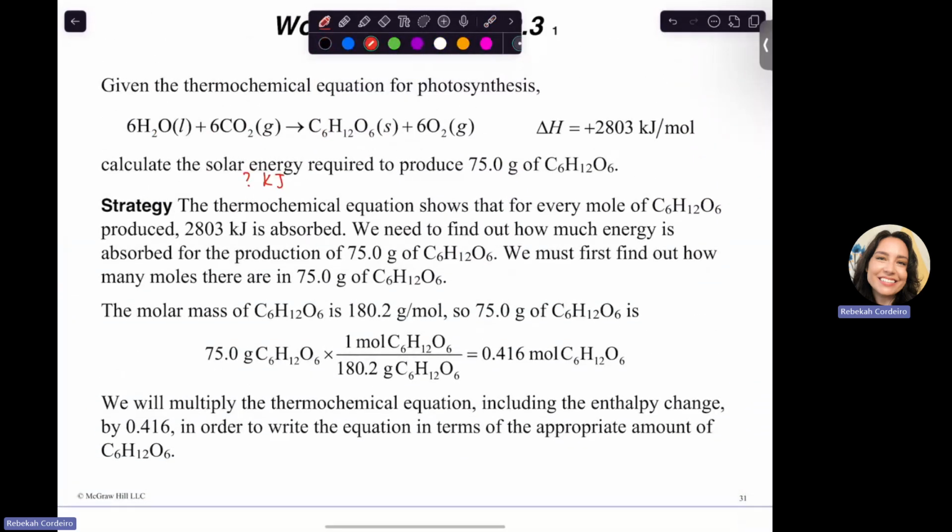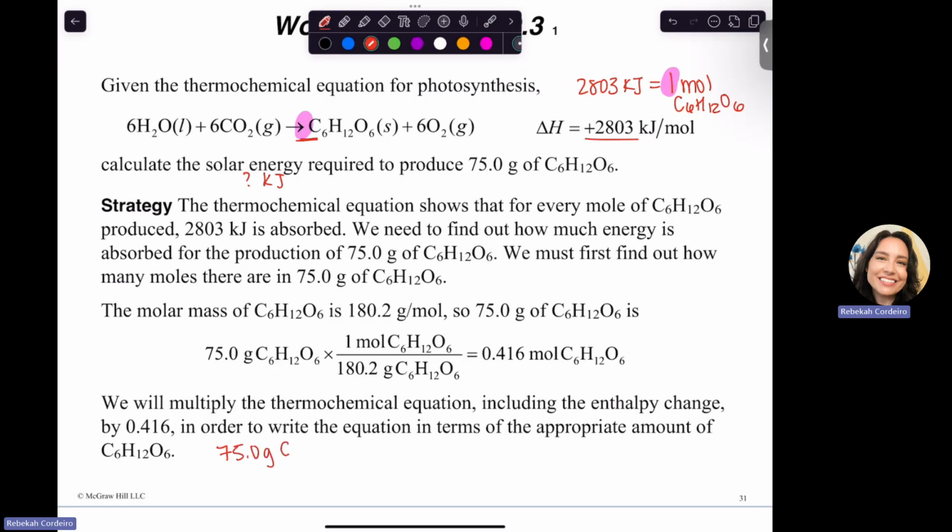This number, 2803 kilojoules, is equal to 1 mole of this thing. The reason I say 1 is because there's a 1 here, and it's a coefficient. Now, if I were talking about oxygen, it would be 6 moles. So I can use this as a conversion factor and make this a lot easier.